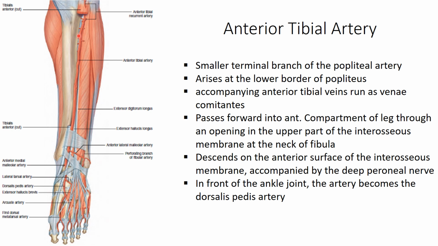So it passes forward into the anterior compartment of the leg through this opening in the upper part of the interosseous membrane, and this portion is in relation with the neck of the fibula.